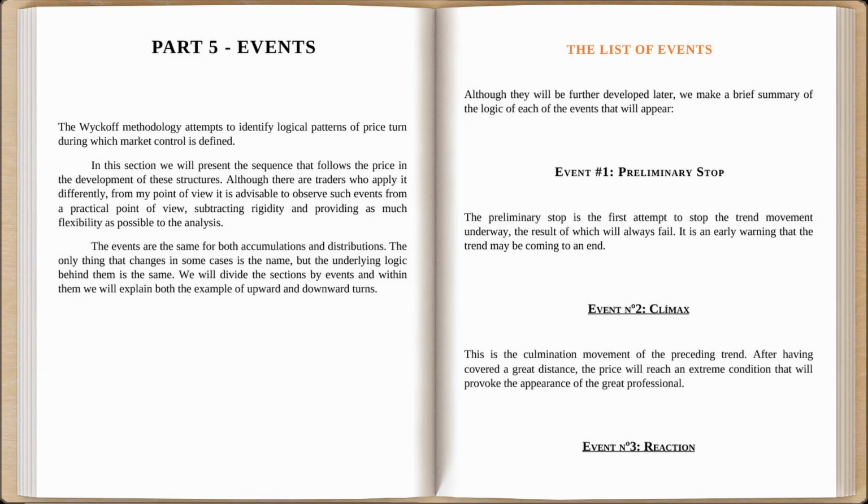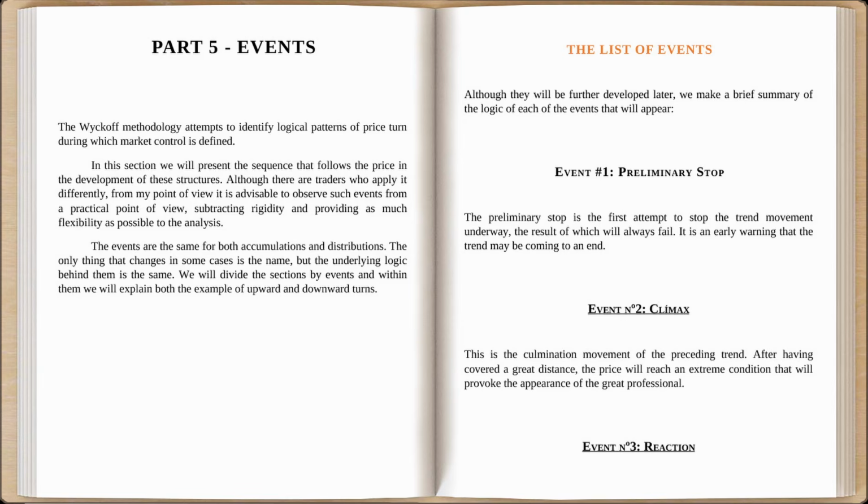Although they will be further developed later, we make a brief summary of the logic of each of the events that will appear. Event number 1, preliminary stop. The preliminary stop is the first attempt to stop the trend movement underway, the result of which will always fail. It is an early warning that the trend may be coming to an end. Event number 2, climax.